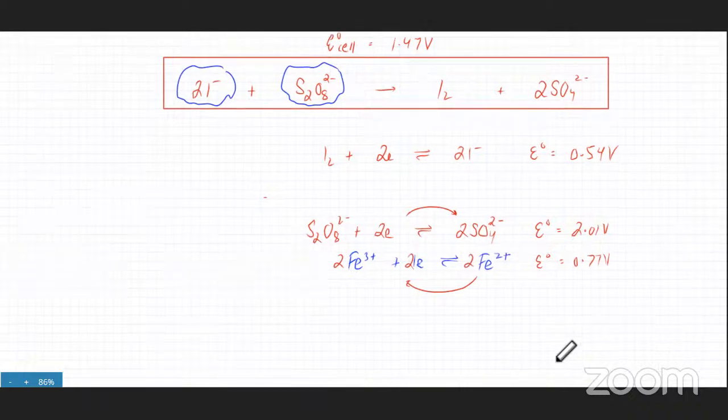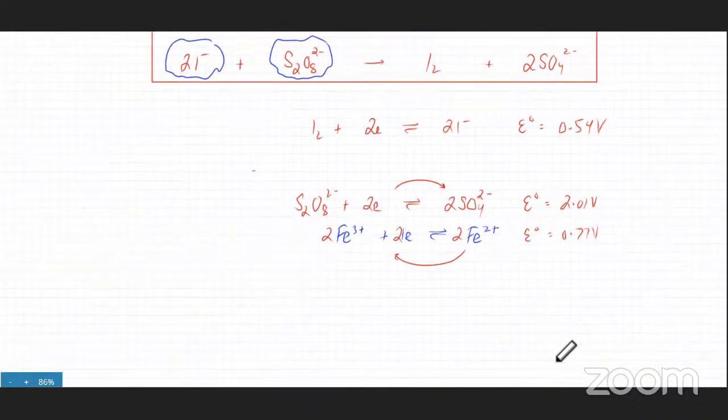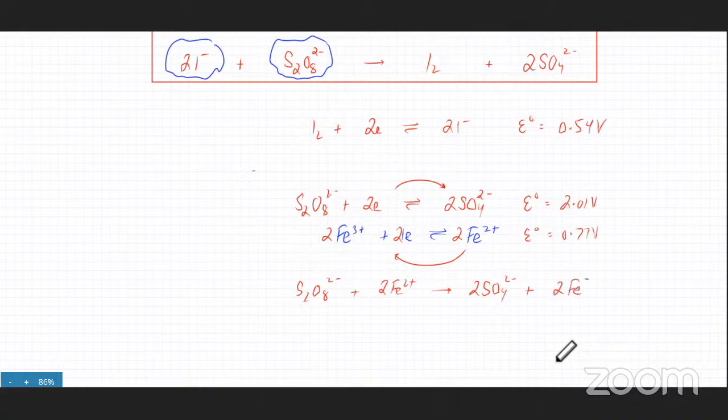So the first equation is S2O8 2 minus reacting with 2Fe2 plus, and the products are 2SO4 2 minus and 2Fe3 plus. Okay, that's what's happening.